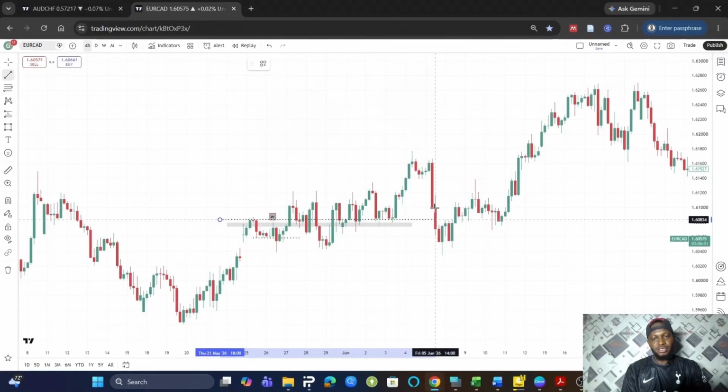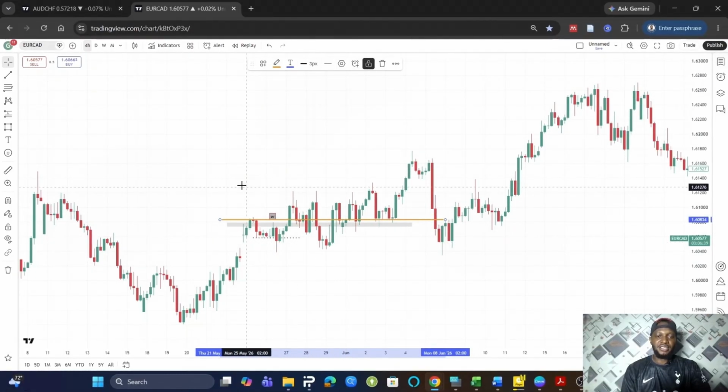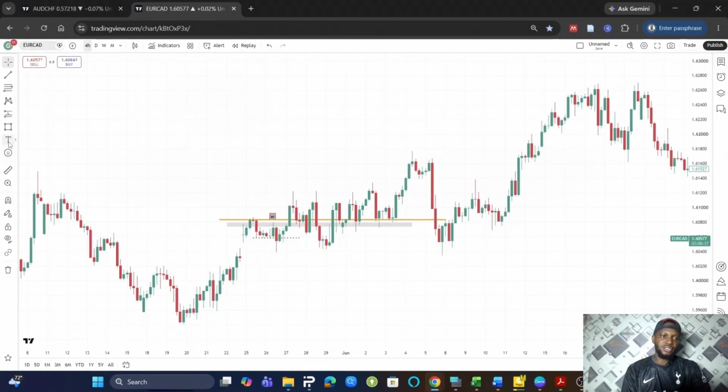Structure here. I'll use my orange color. I like to use different colors to represent different things on my chart. So you have my structure. Structure is broken right here. So what do I do next?